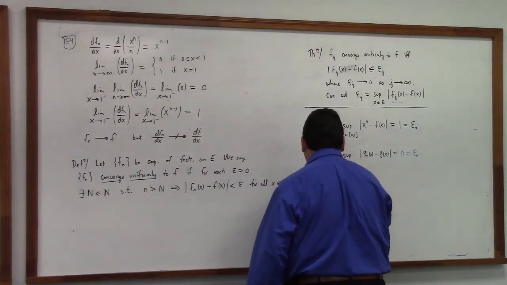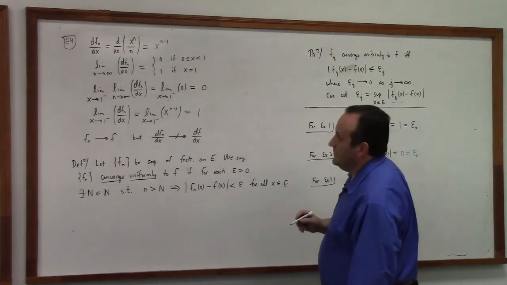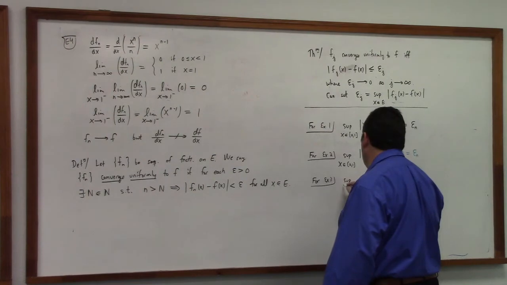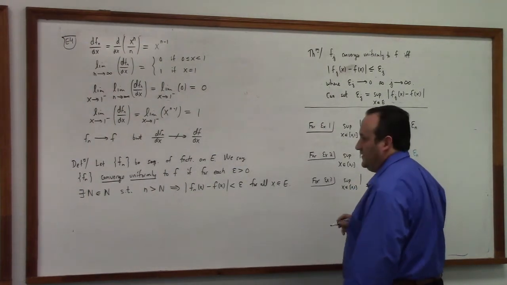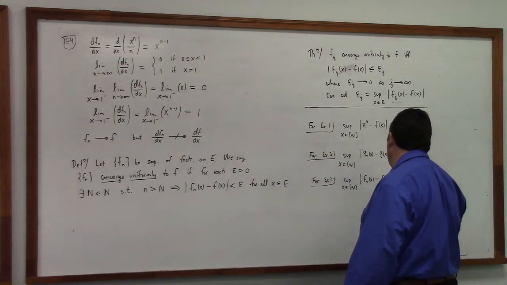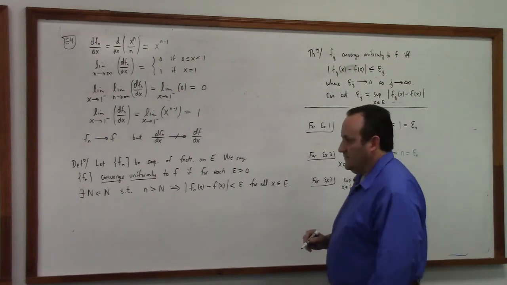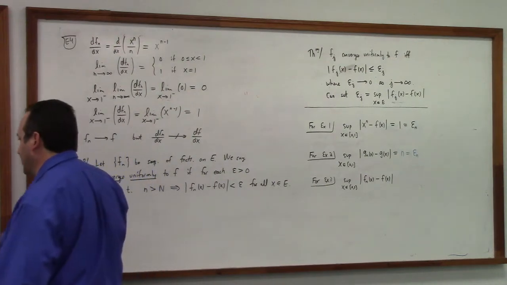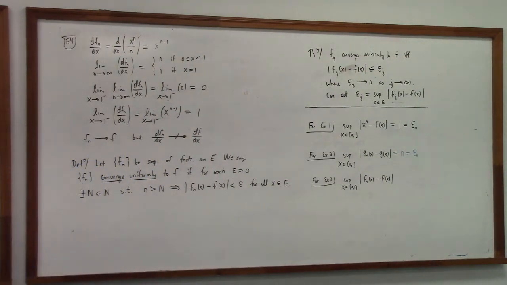Example 3, what's the worst case estimator for that one? So there, if we look at the supremum for x from 0 to 1 of the absolute value of f_n of x minus f of x. This, of course, is a different f_n than example 1. What was the deal there?